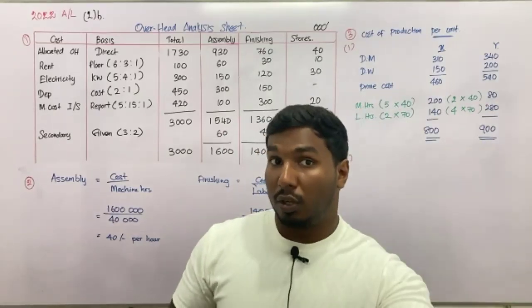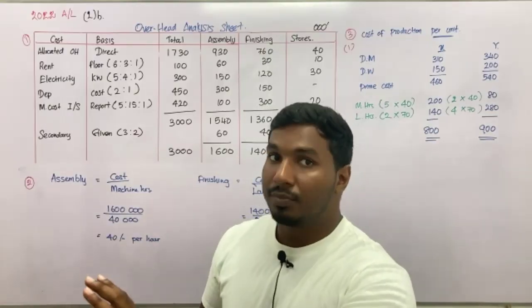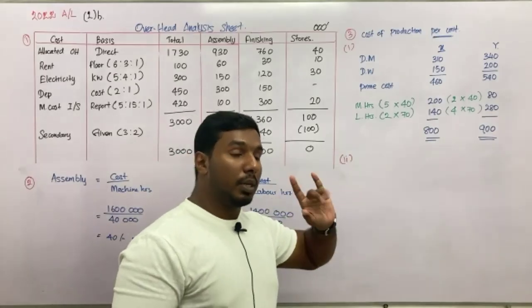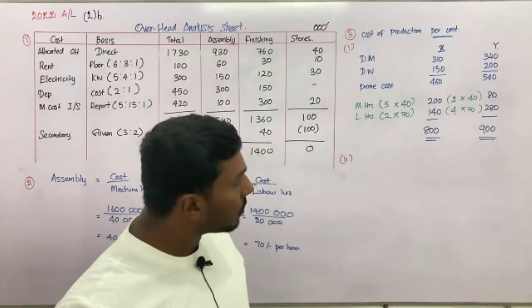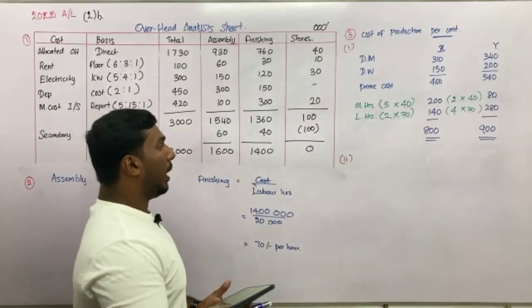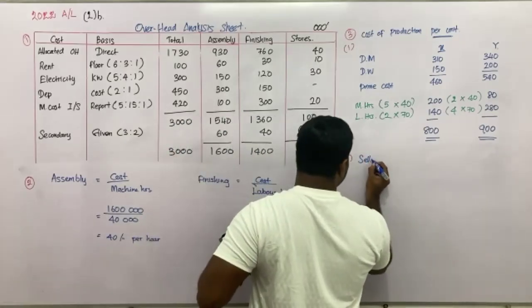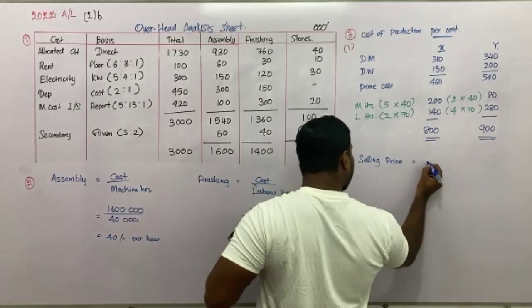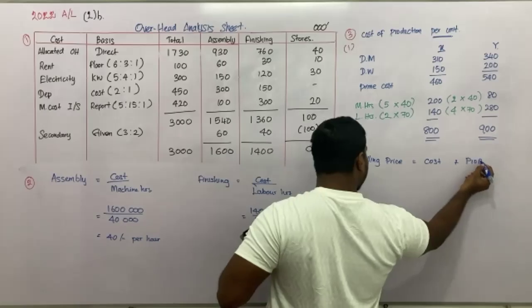After including the profit only, we sell. Okay, so now we have to calculate the selling price. Remember, cost and the selling price won't be same. Okay, so the selling price always equals cost plus profit.